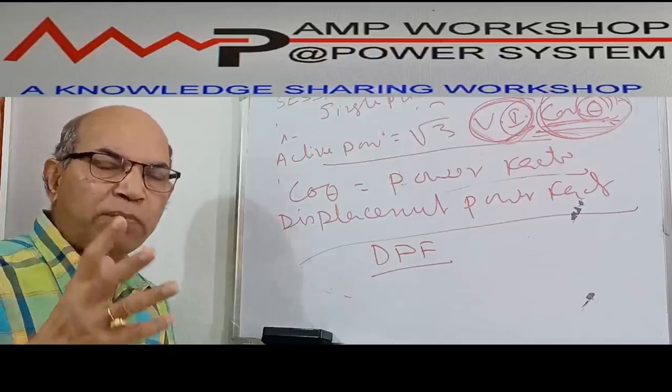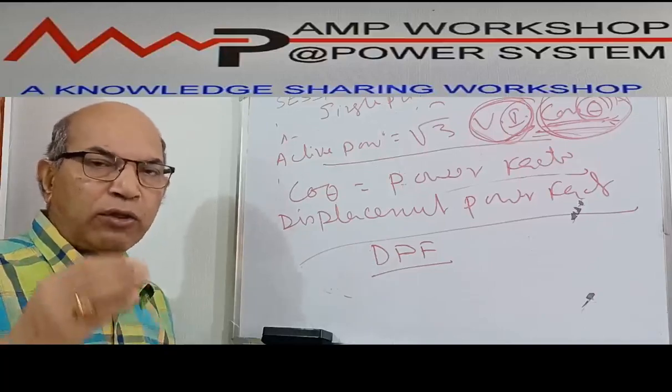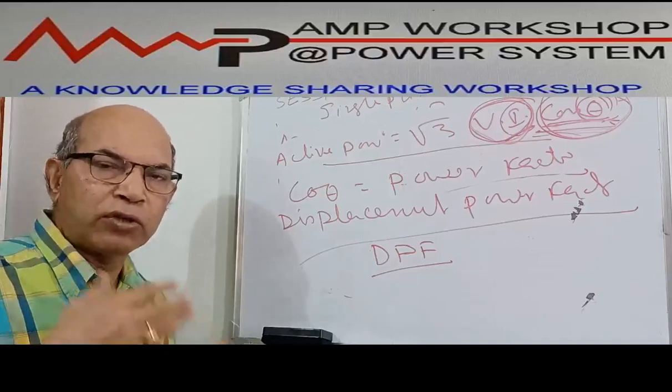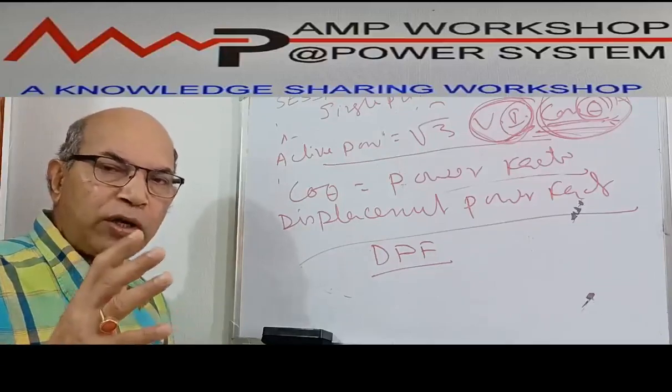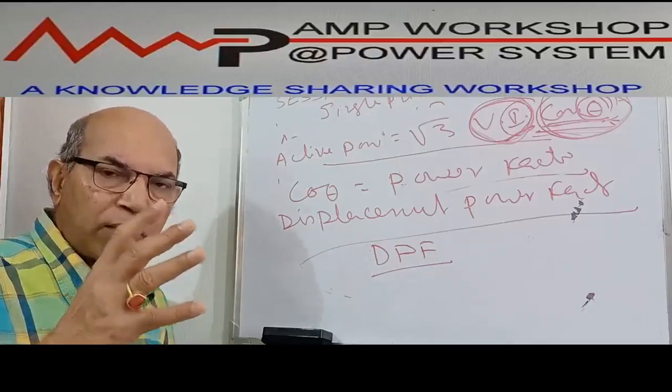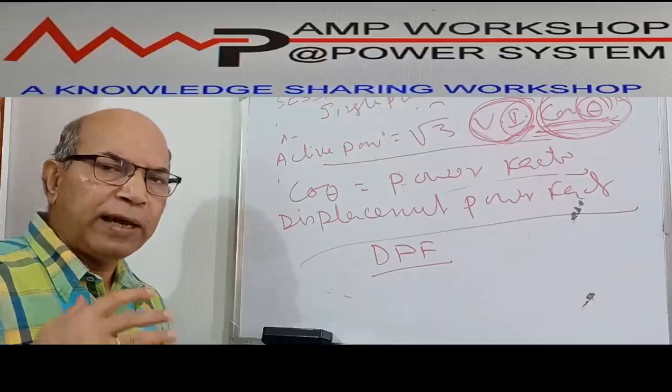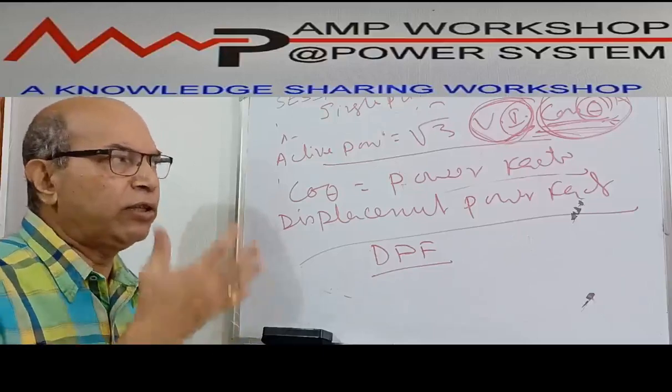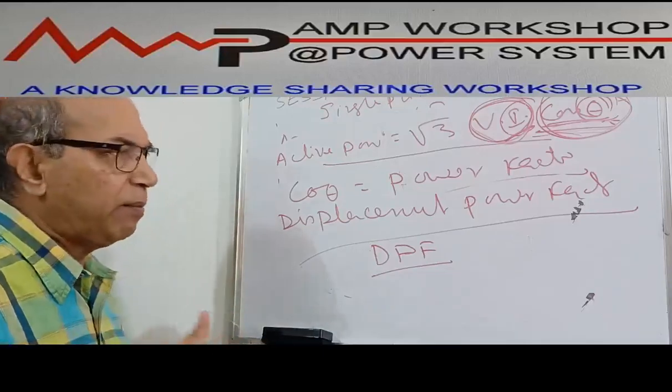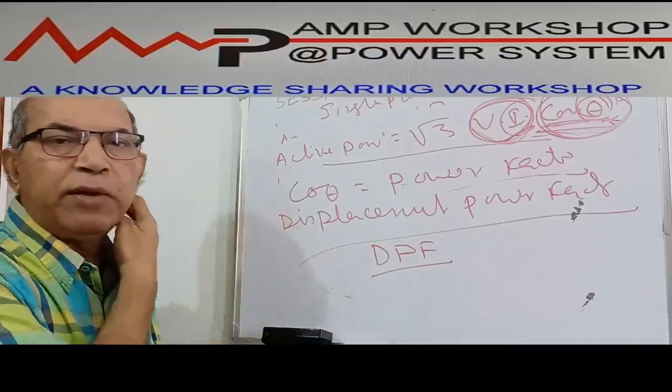This type of switching operation produces a lot of harmonics, and those harmonics flow through the load or the circuit. How can we calculate the effect of these harmonics on the power factor? To discuss that, the harmonic power factor is very important.